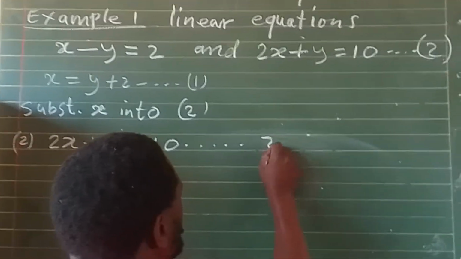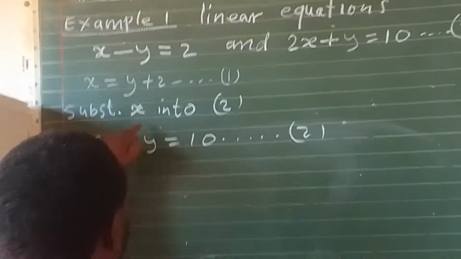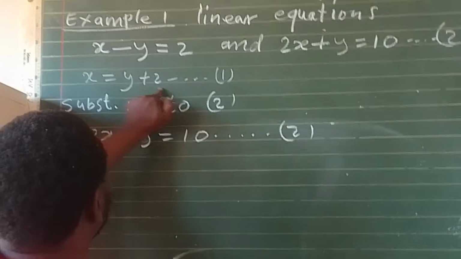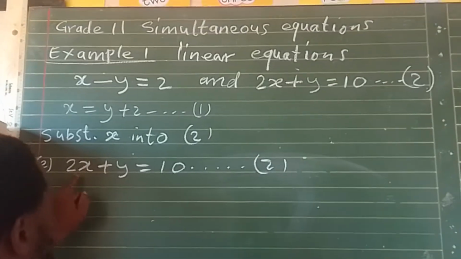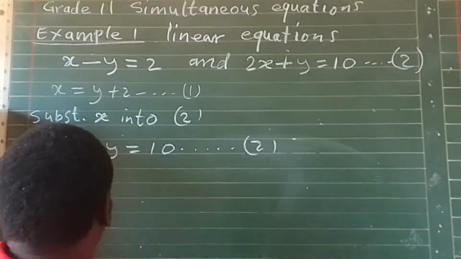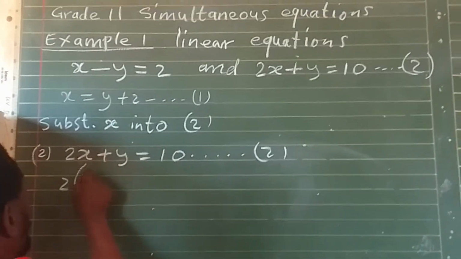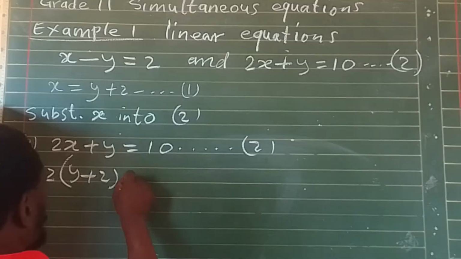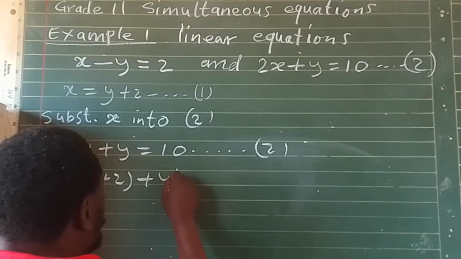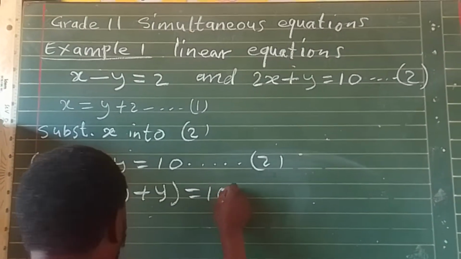This is your equation 2. Now we start substituting the value of x as y plus 2 into the very equation 2. When you see x, you put y plus 2, plus y is equals to 10.